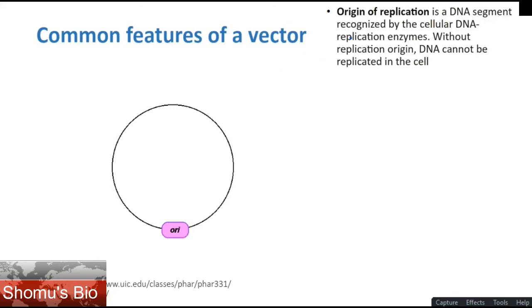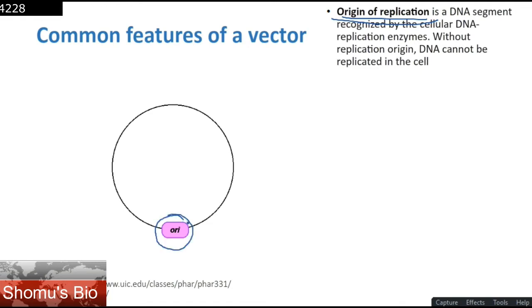Common features of a vector: the common feature that a vector should carry is an origin of replication. Origin of replication is the DNA segment recognized by cellular DNA replication enzymes. Without a replication origin, DNA cannot replicate in the cell, right? So origin of replication is a must-have feature in a vector.